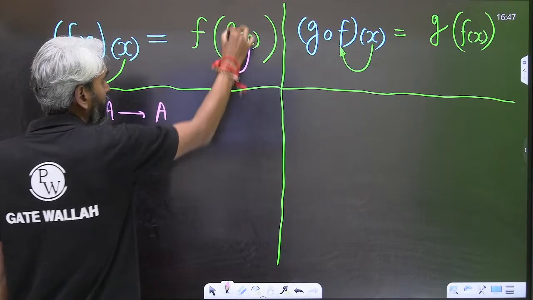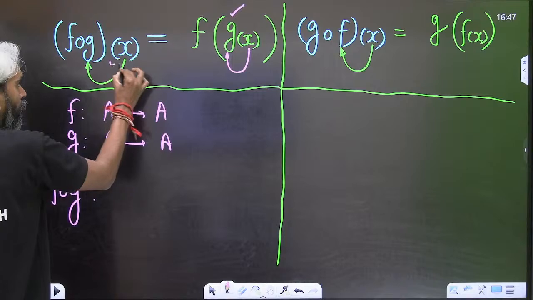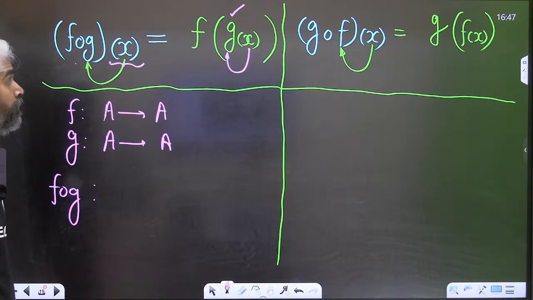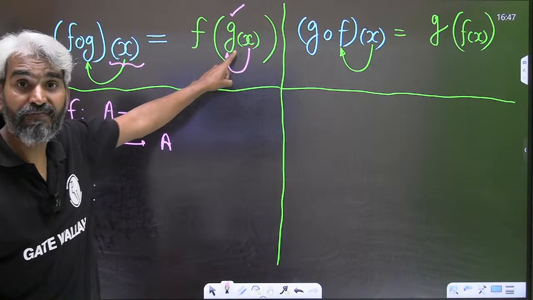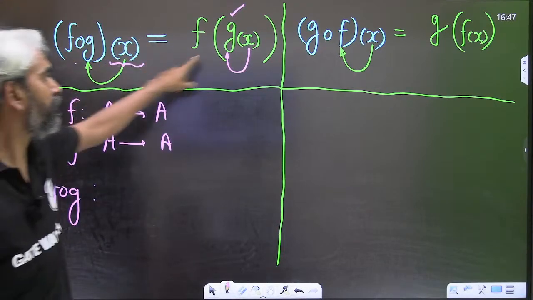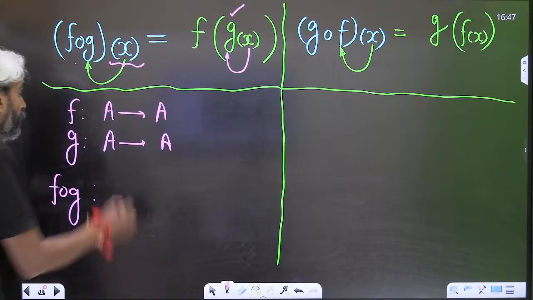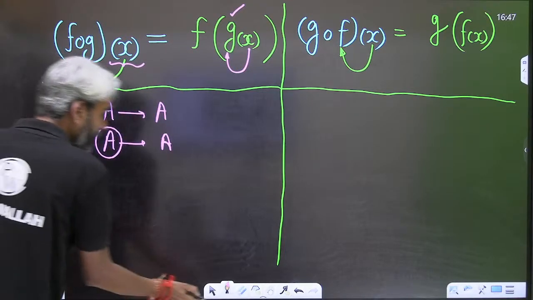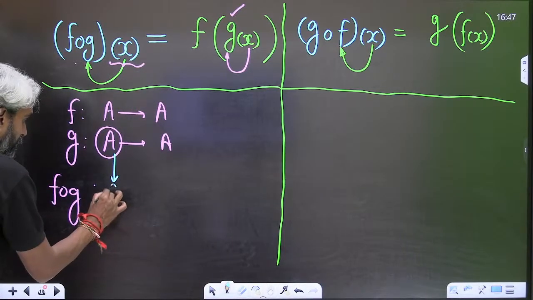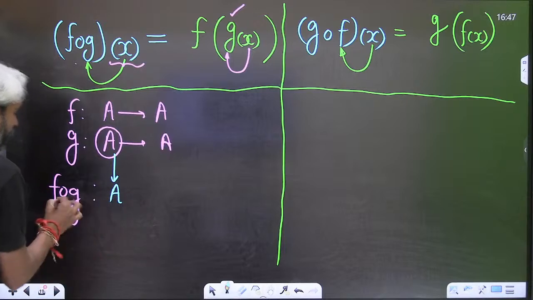So the function g must be defined on this input x given to f of g of x. If function g itself is not defined on this input value x, then f of g cannot be defined, because first of all this value of x will be passed to function g. So whatever the domain of function g is will become the domain of the function f of g.